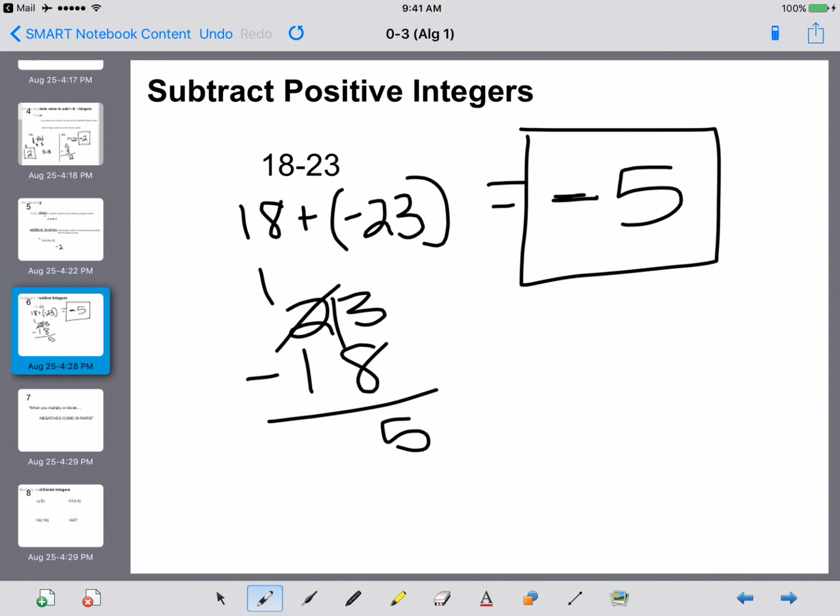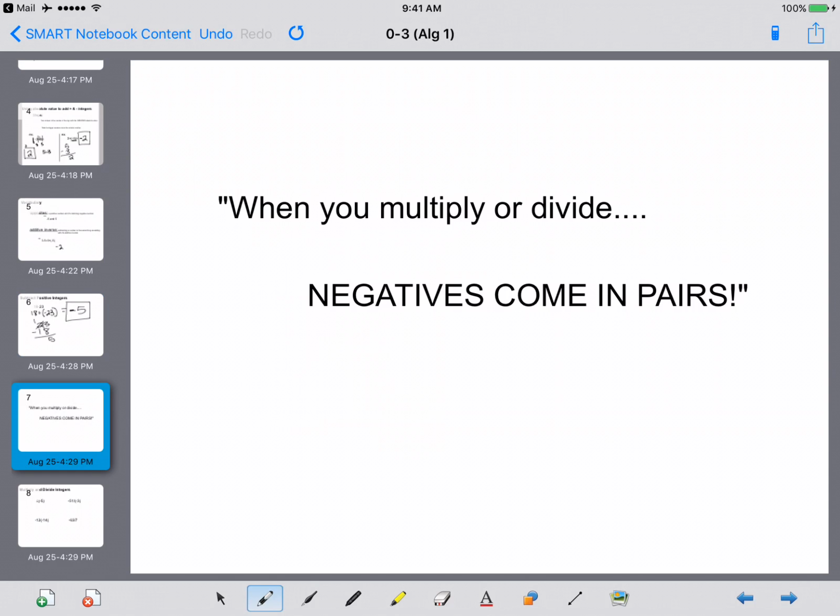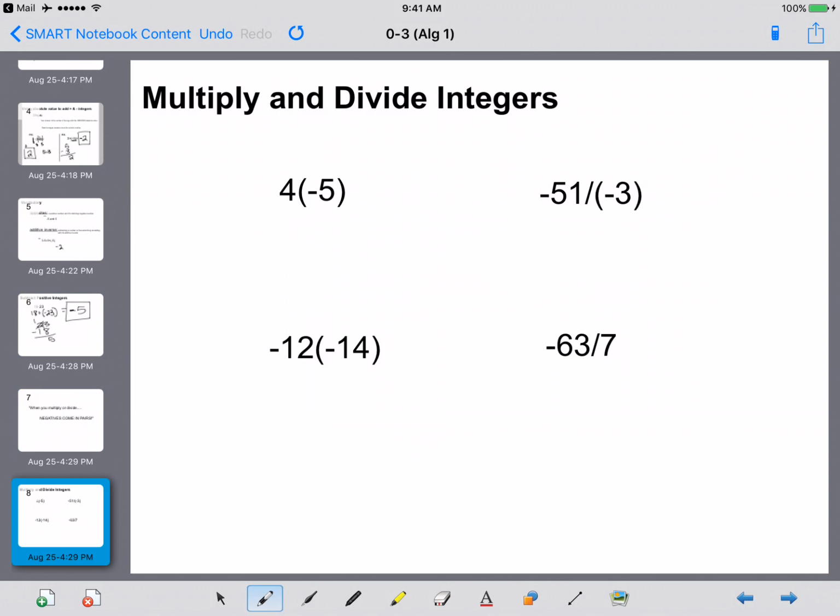Now get ready for this. When you multiply or divide, negatives come in pairs. So what we're going to do here is multiply and divide with negative numbers. 4 times negative 5, our answer is going to be negative because our negative doesn't have a pair. 5 times 4 is 20.